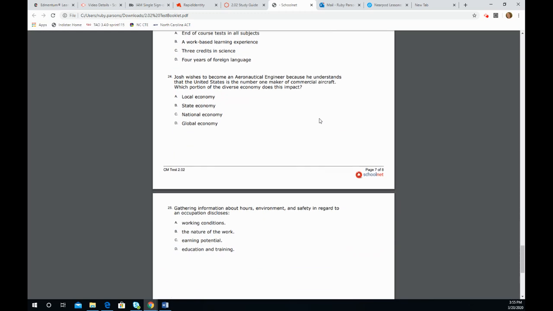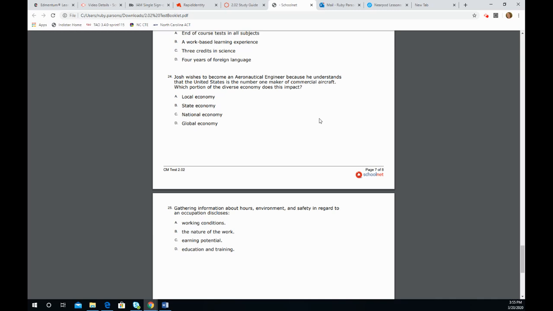24. Josh wishes to become an aeronautical engineer because he understands that the United States is the number one maker of commercial aircraft. Which portion of the diverse economy does this impact? A, the local economy, B, the state economy, C, the national economy, or D, the global economy?